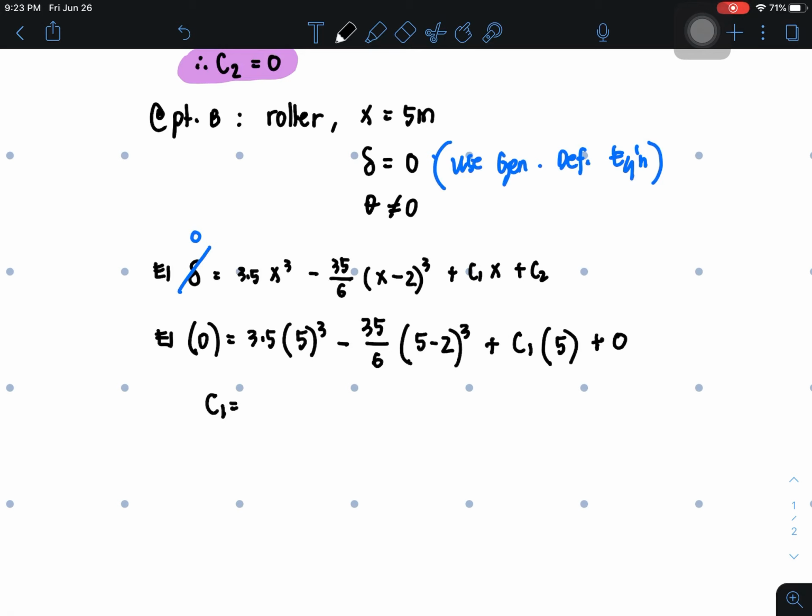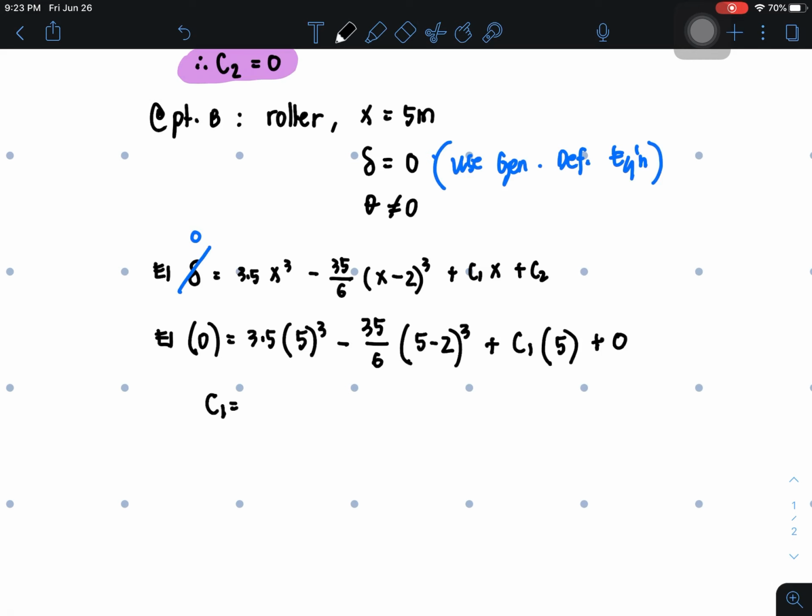So that's 0 equal to, I have my calculator here for a while, 3.5 times 5 cubed minus 35 over 6 times 3 cubed plus C1 times 5.